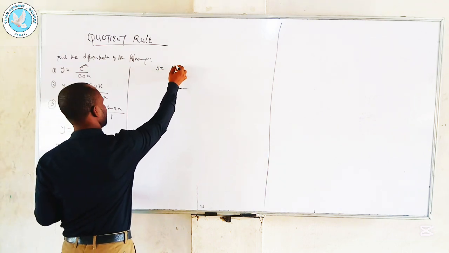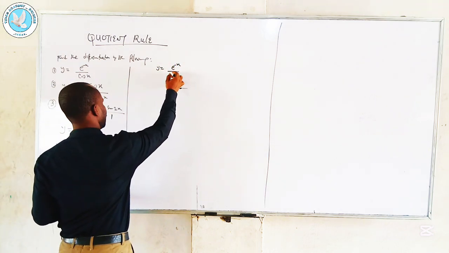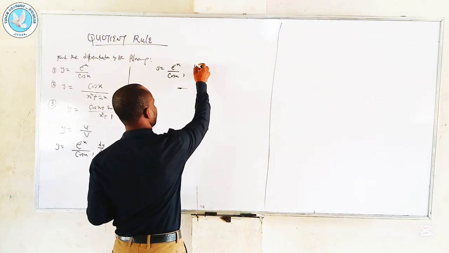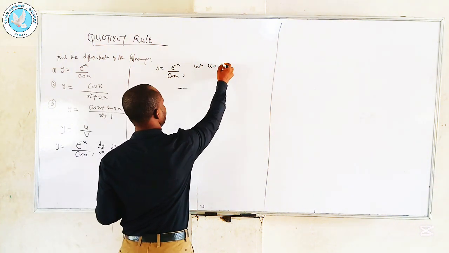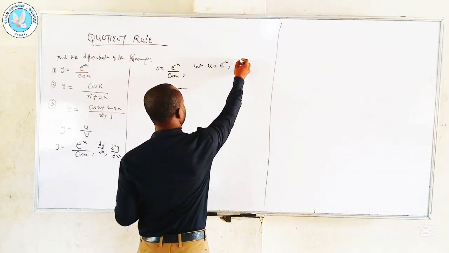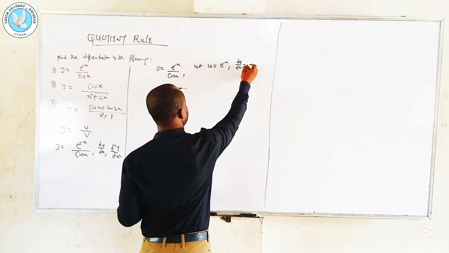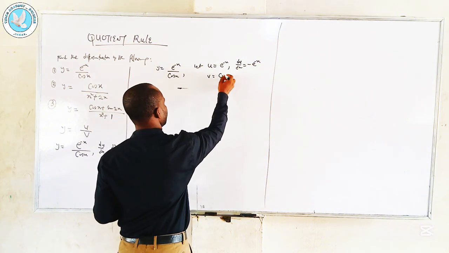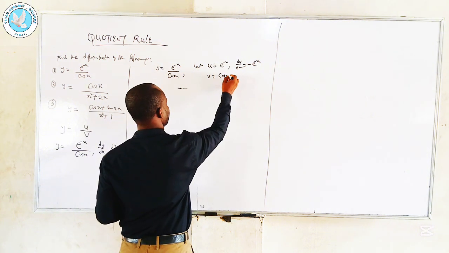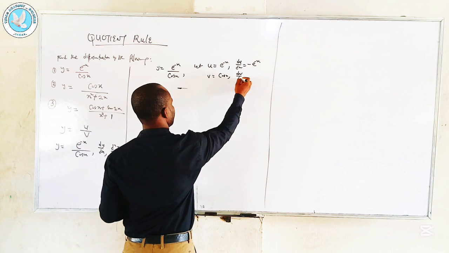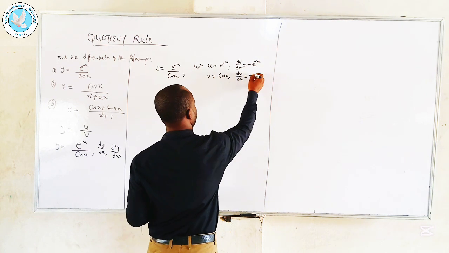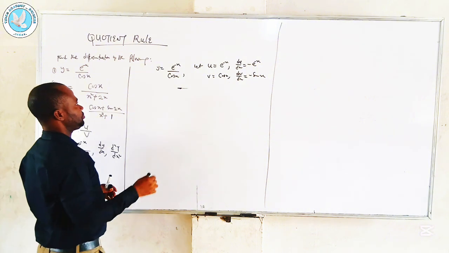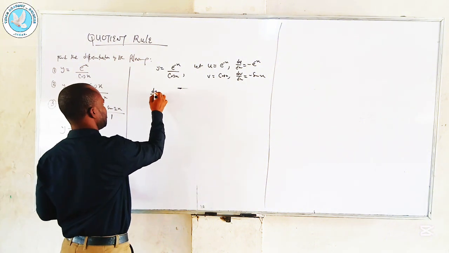Y is equal to this divided by all this, and let u be this, and du/dx is minus this, and also v being cos x, the dv/dx is giving you minus sine x.